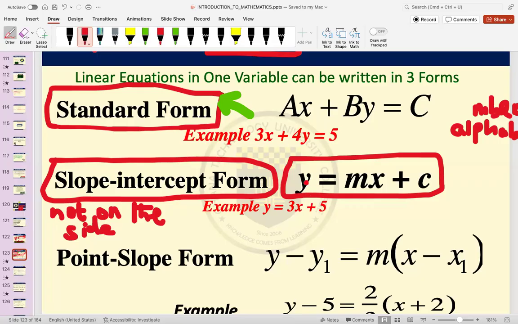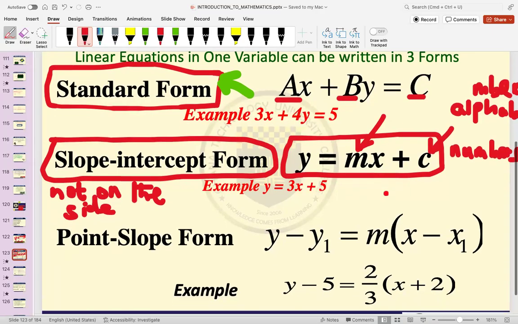But this one, y is on the left-hand side, and then x is on the right-hand side. The m you are seeing here, the c you are seeing here, will always be numbers. Just as this A and B and C are numbers, the lowercase m and the lowercase c you are seeing here are always numbers.